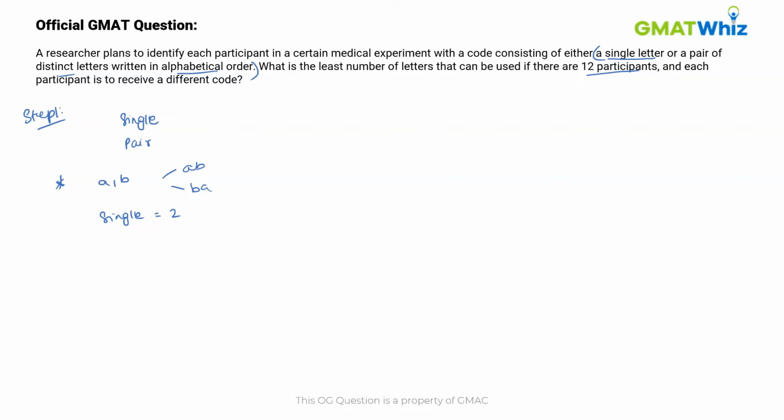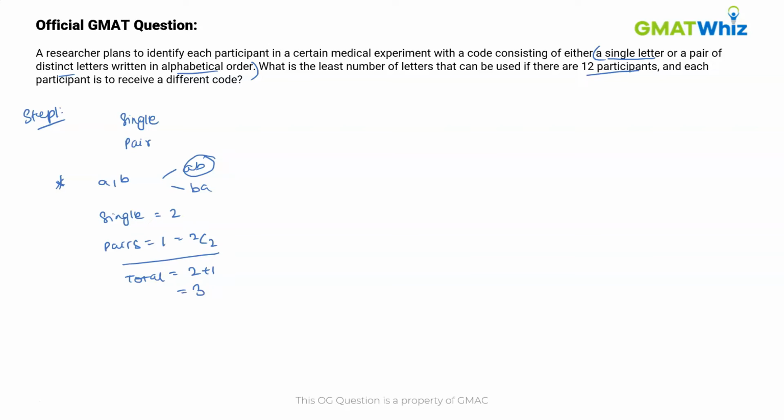But we have to take those pairs of distinct letters which are written in alphabetical order. So we know that it will be only 1. So pairs will be equal to 1 and we can write this as 2C2. Then the total such combination will be equal to 2 plus 1, which is 3.